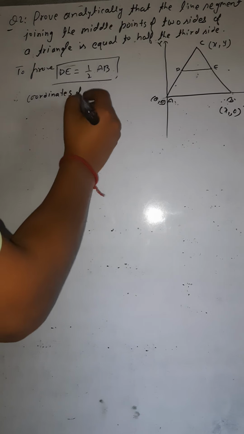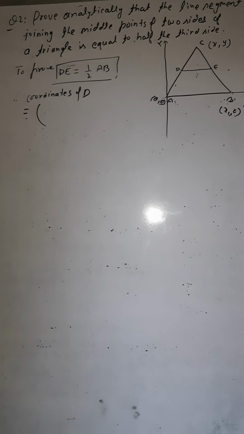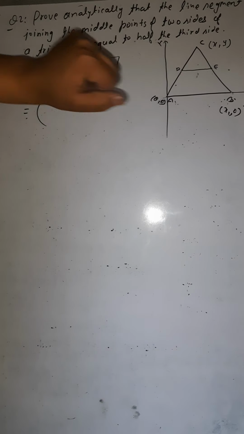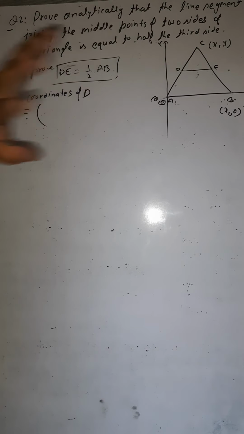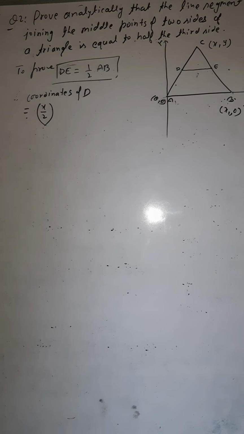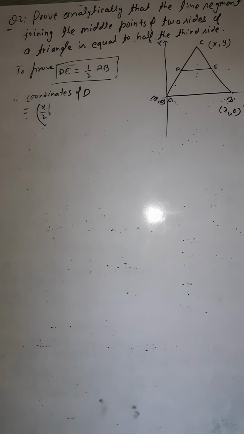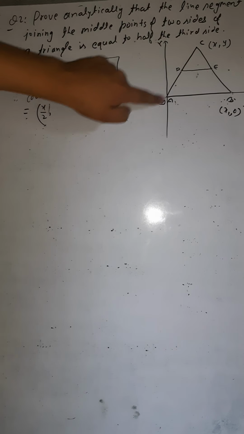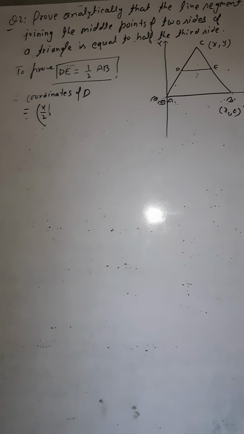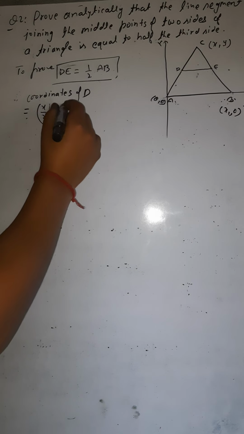What would be the coordinates of D? The first coordinate of D is its first and its first divided by 2, meaning x plus 0 by 2, which is x by 2. The second coordinate is y plus 0 by 2, which is y by 2.